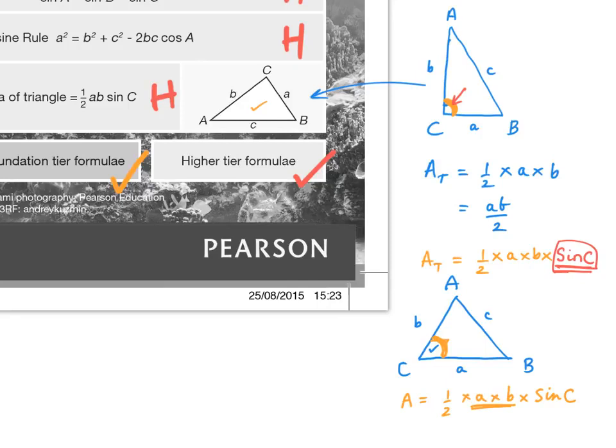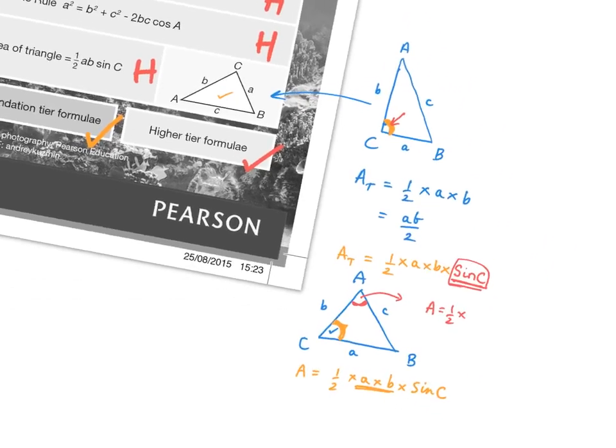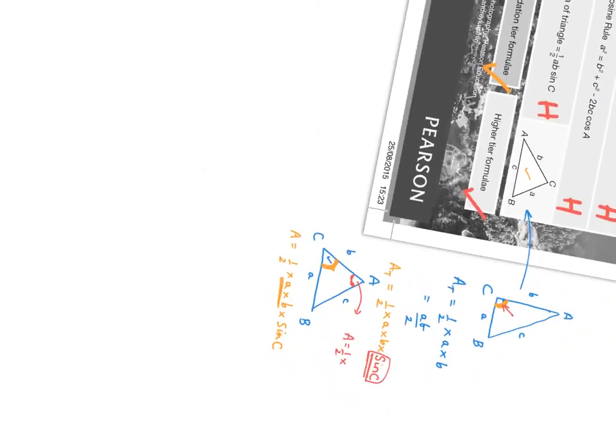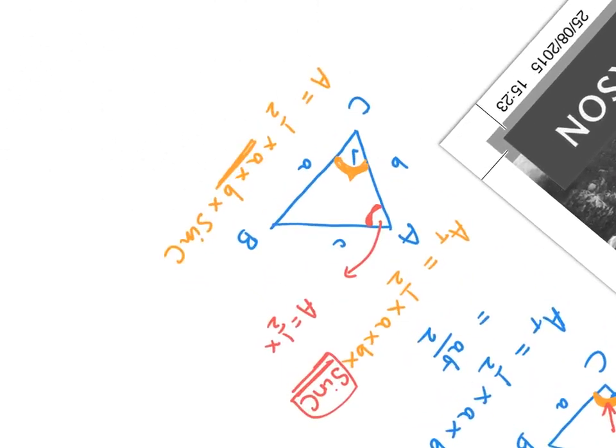Now, if I wanted to, say, look at this angle here and use this one, then what would the area of the triangle be? Well, the area of the triangle, in this case, would be a half times, well, let's orientate the shape round a little bit here. And I can just write it out again, it doesn't matter.